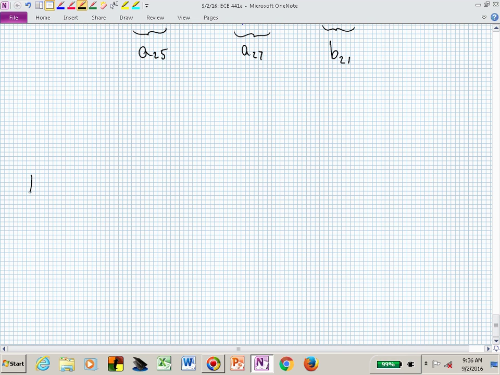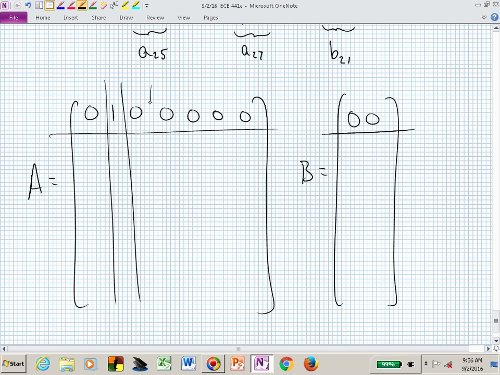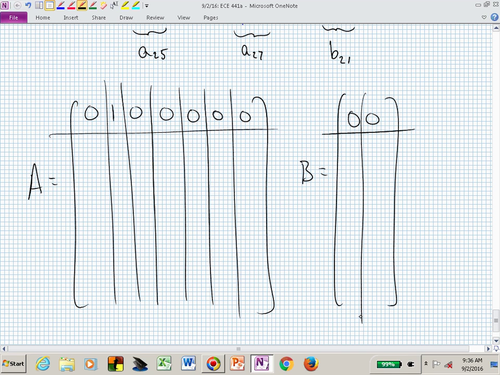Which says now that we have A built up a little bit better, and so with B. We already had this. That was the top row of A and B. And now we have the 7 entries or columns.